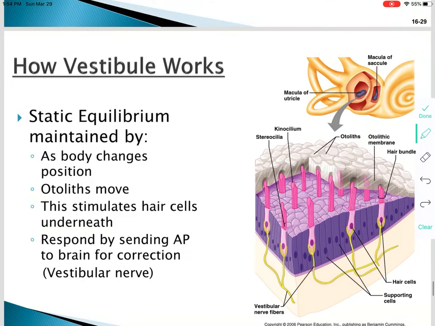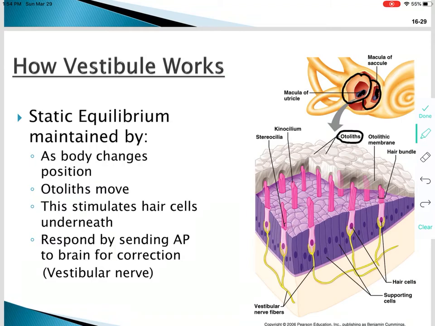Let's look more detailed. So here we see a magnified view. We see the utricle is outlined here, and the saccule is outlined here, which together they form the vestibule. And in the walls of each are these specialized areas of cells. They're shown as purple. The macula. The macula has these otoliths, and they really do, up close, kind of look like jelly-like stones.